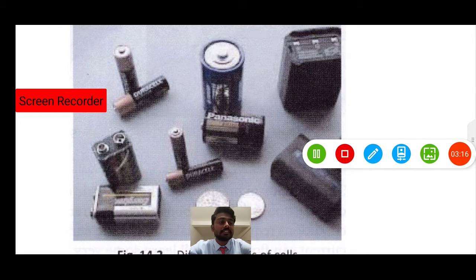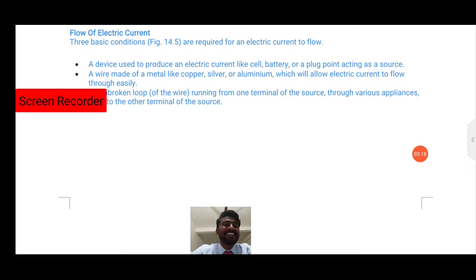Okay, dear students, there is a very important topic: the flow of electric current. Three basic conditions are required for an electric current to flow.